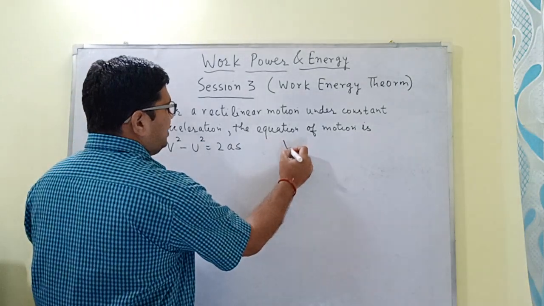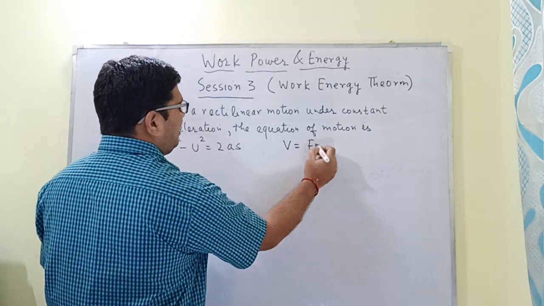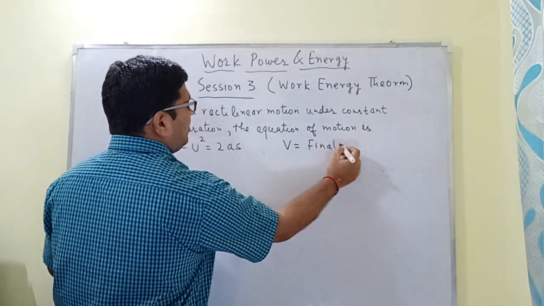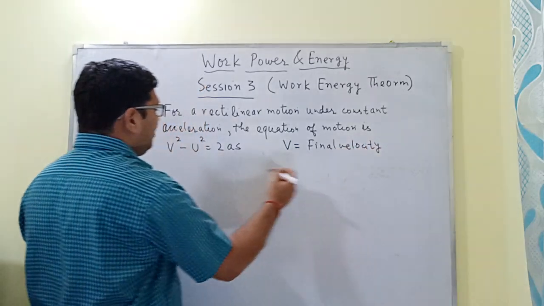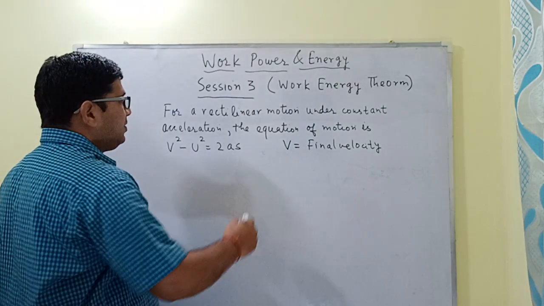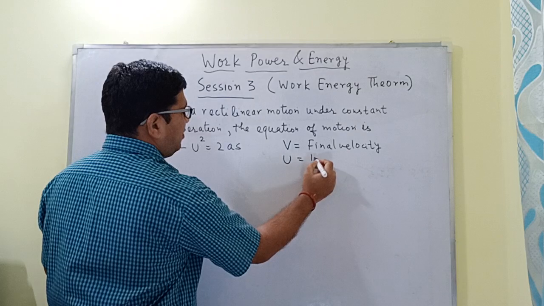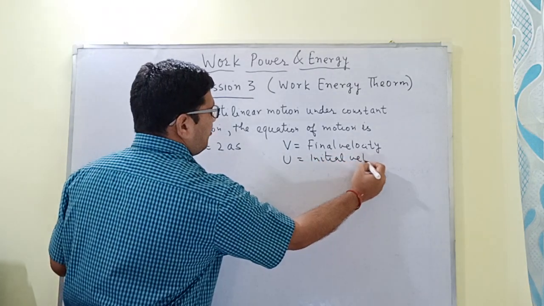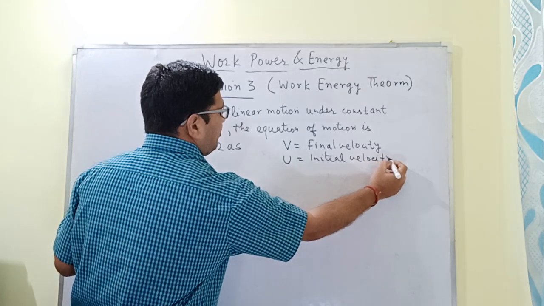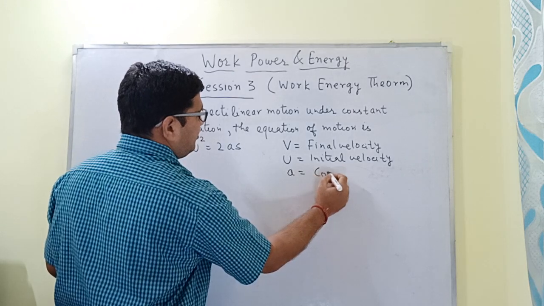जहाँ पे v क्या है? V is equal to the final velocity. I think everyone must be knowing this equation of motion, and u here is the initial velocity. a is the constant acceleration.